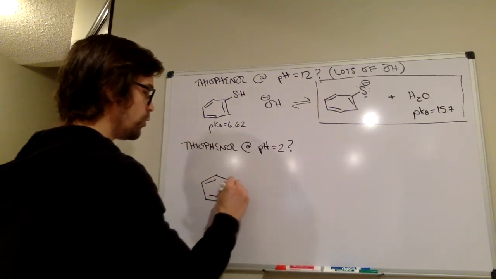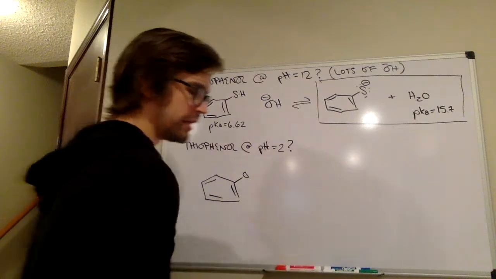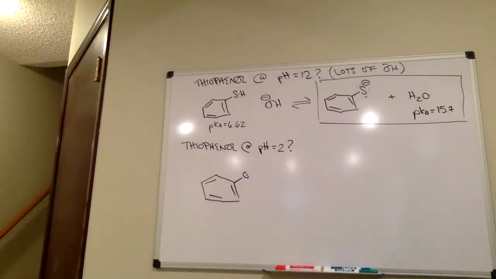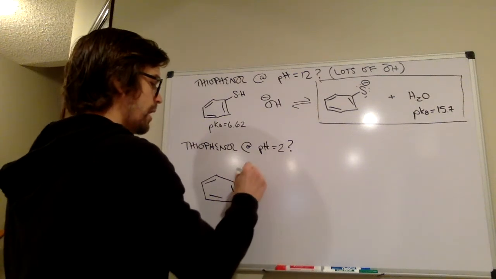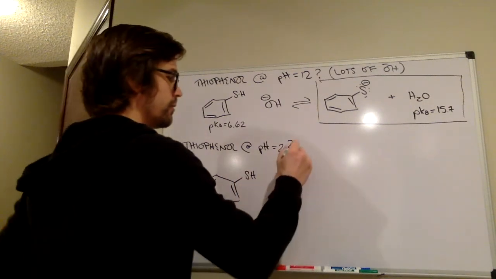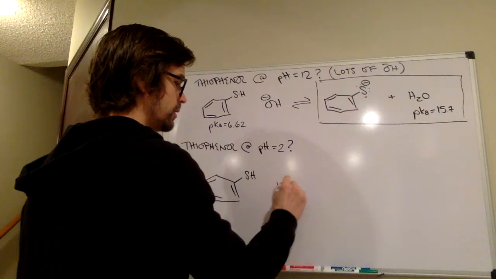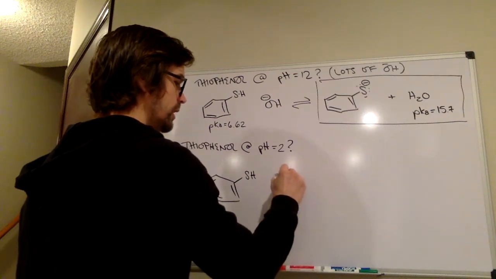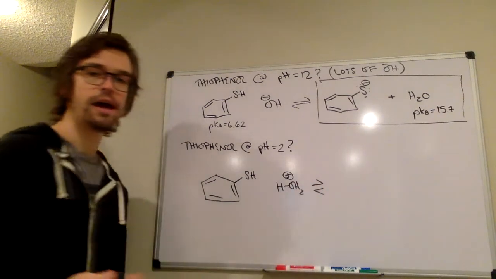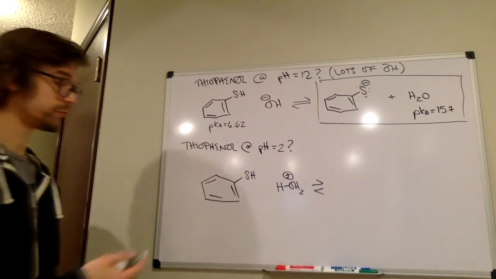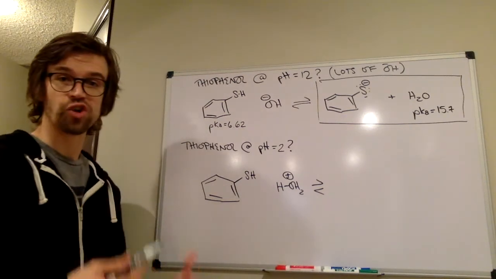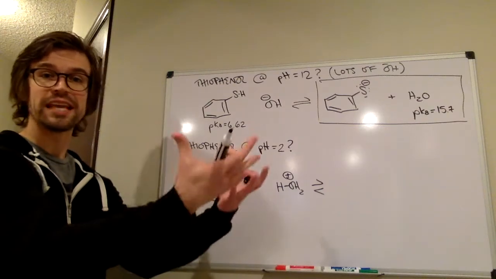What does pH 2 mean? pH 2 means that there is a lot of hydronium ion around. There's lots of H3O+. Here's H3O+. And as far as H3O+ goes, it is strongly acidic, so it wants to give up a proton.